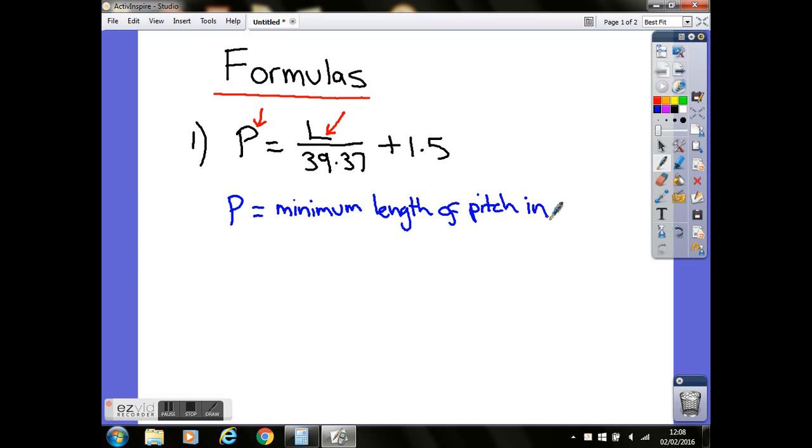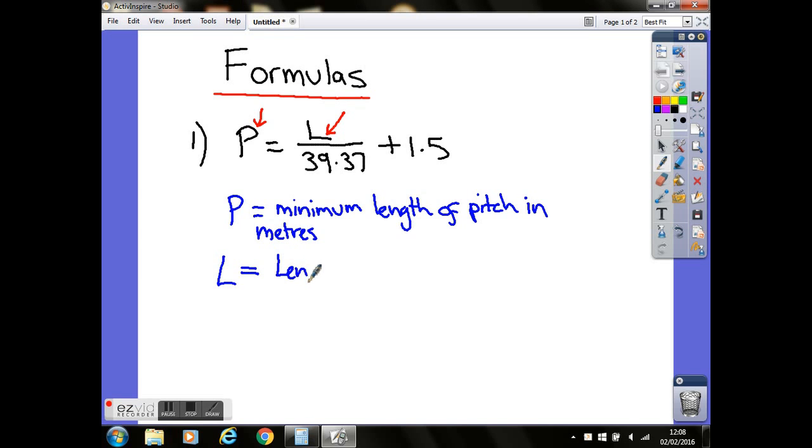And that's your subject, that's what you're trying to work out in the question. Your other unknown is L, but again, that will be provided to you. So L equals the length of food van in inches.